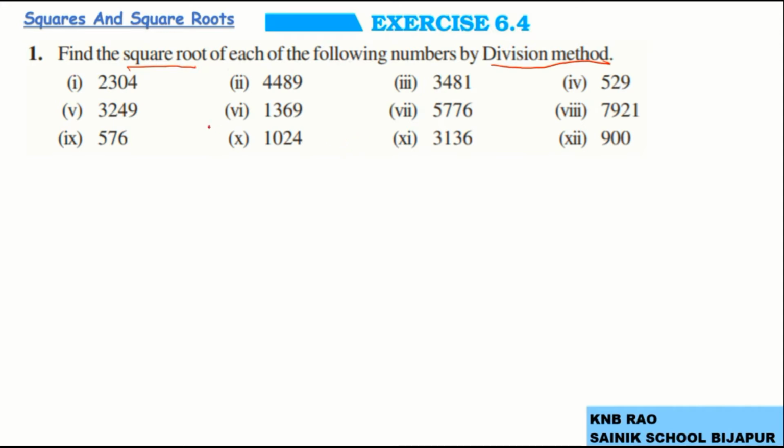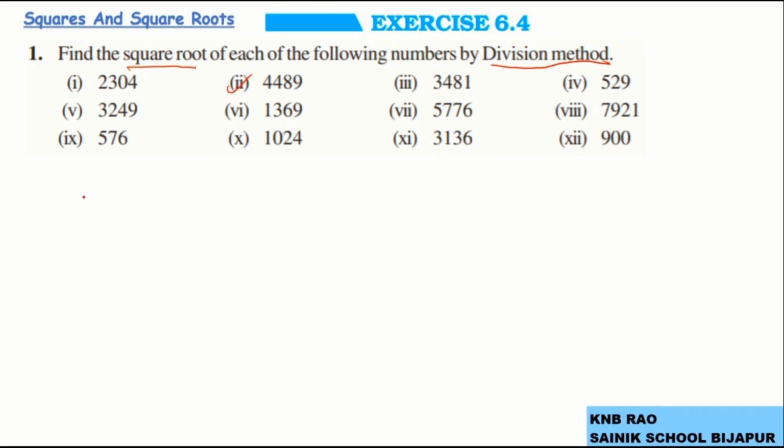Children, there are 12 questions. You can easily find the square roots of these numbers. I have taught you this with various examples, but still let me do one or two questions for your help. Let me take the second one.